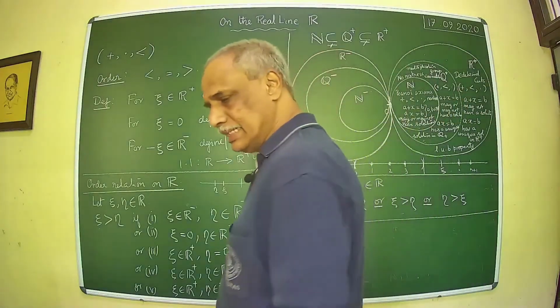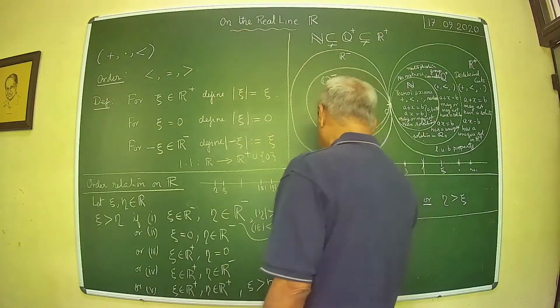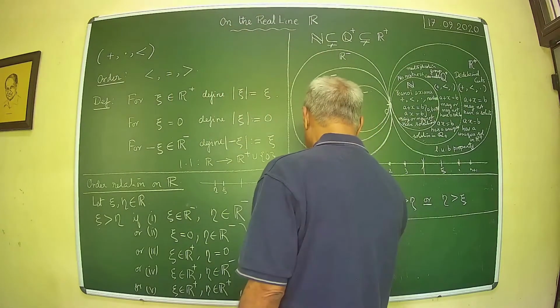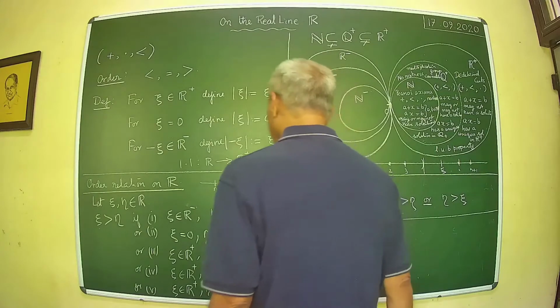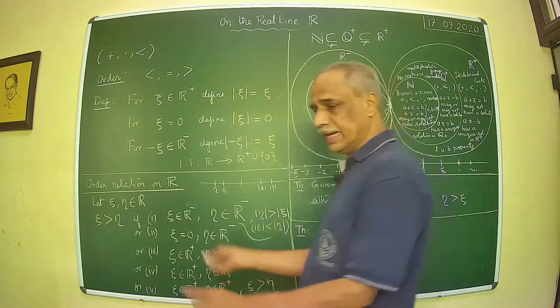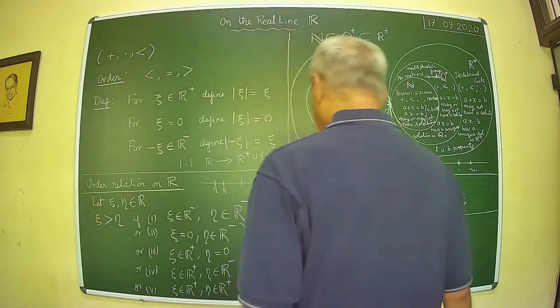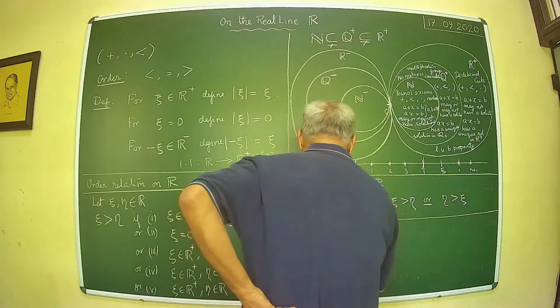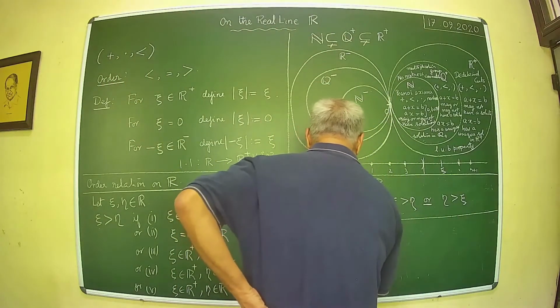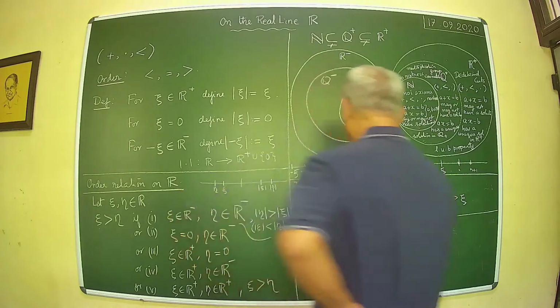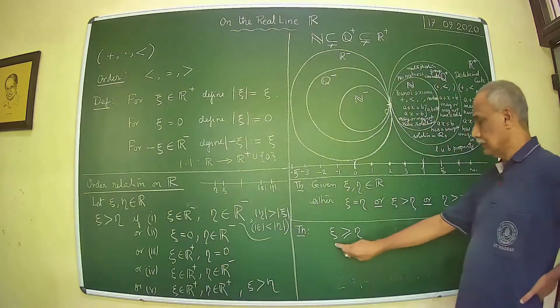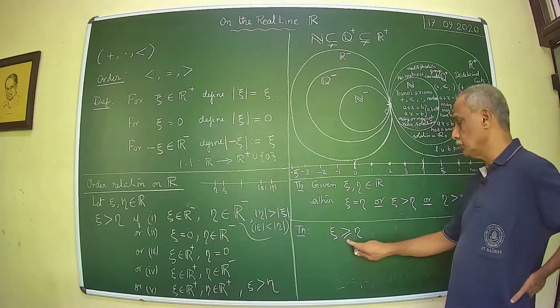Now the next thing is that we give a different symbol connecting greater than or less than, because we have already introduced greater than and less than. So we have psi is greater than or equal to eta. Now what do you mean by this? This is two statements fused together.